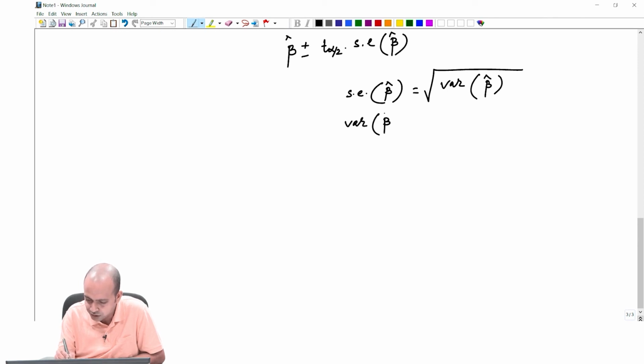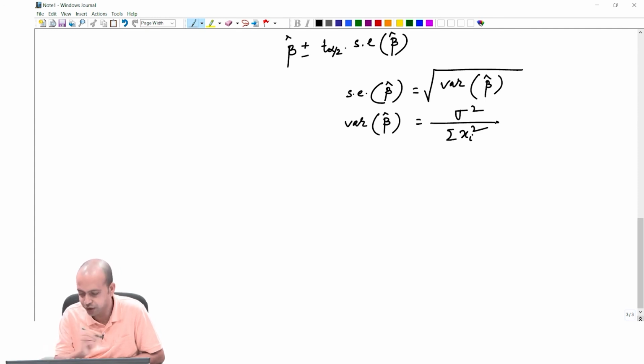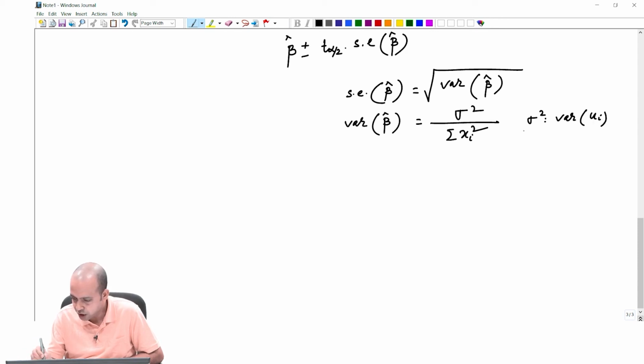Variance of beta hat is calculated using this formula, sigma square divided by summation xi square. And what is sigma square? Sigma square is basically variance of ui, and summation xi square is basically sum of xi minus x bar whole square.